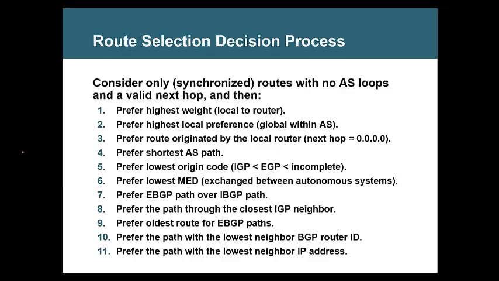If someone else advertises the same network to you, you don't need to go to that destination when you have it locally on this router. Now, if this is not a tiebreaker, then goes to the next one. Do you have multiple paths with different AS path length? If yes, then choose the path with the shortest AS path.